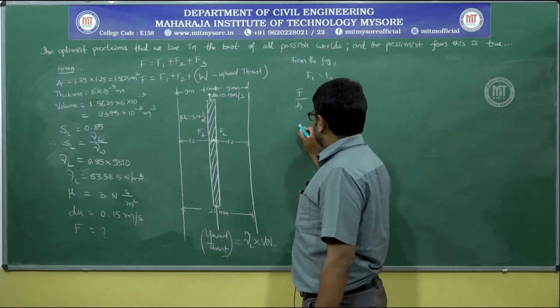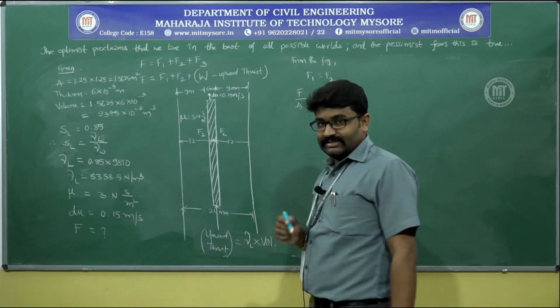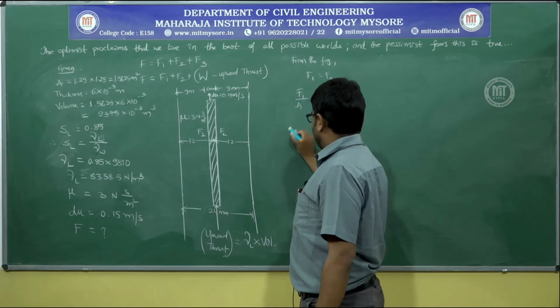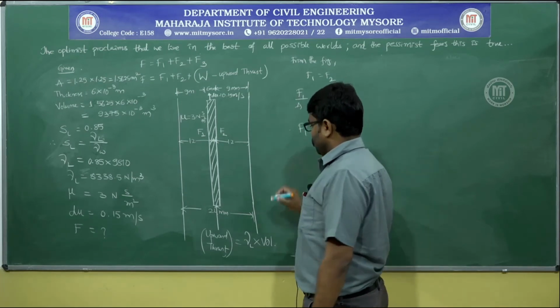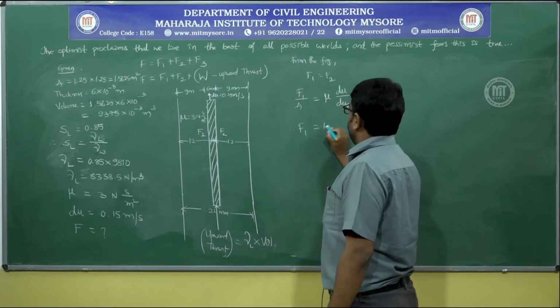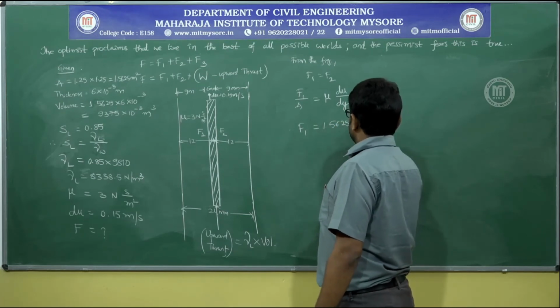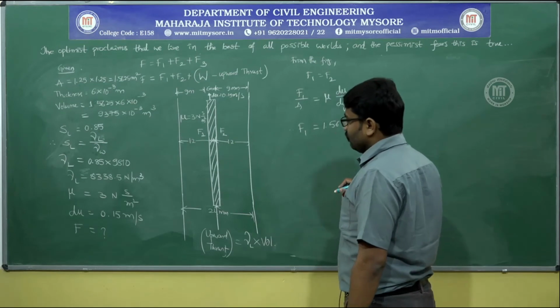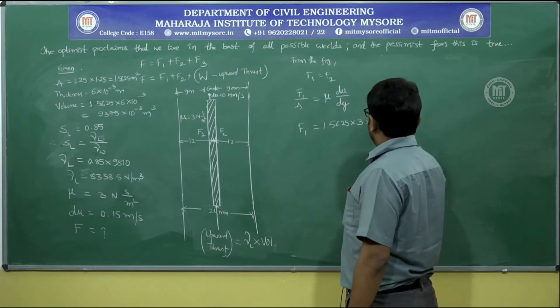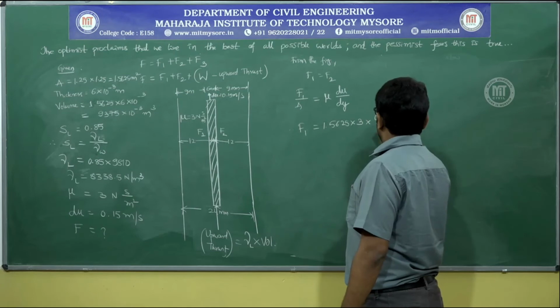What F has to be calculated. In the first case, I will take it as F1. F1 is equal to, how much is the area? You have calculated 1.5625, into mu which is 3, into du. Where is du? He has given it to be 0.15.